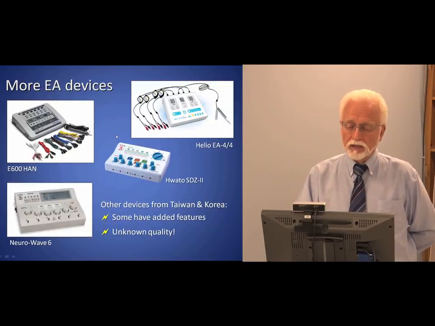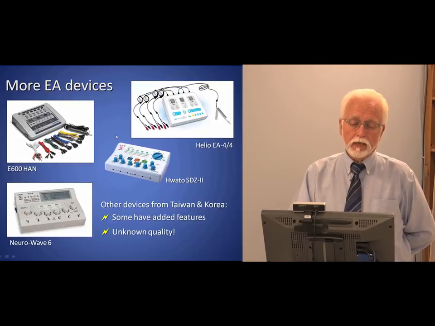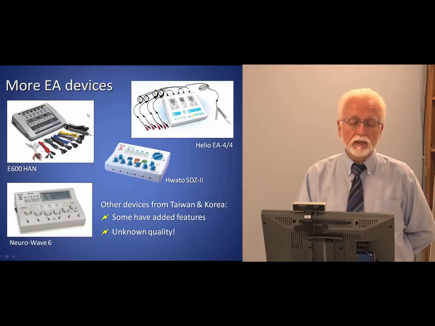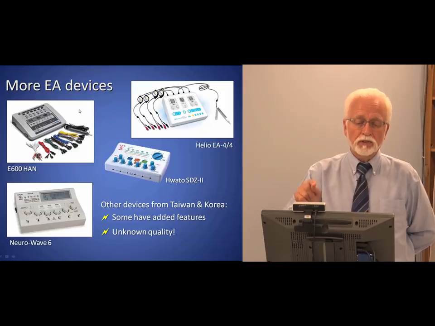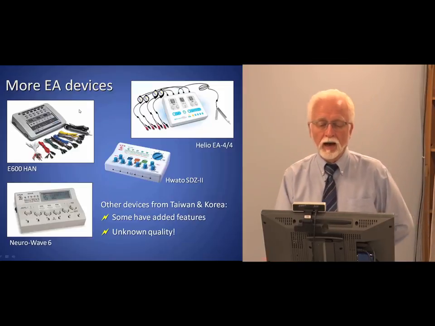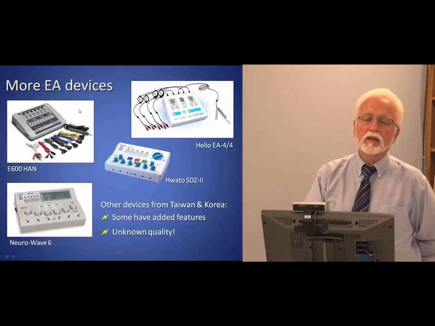And here's some more. These are from Taiwan and Korea. And the Han device from Korea may actually be quite a good device. I don't like the controls on it, and so I haven't recommended it for that reason. I don't like digital controls that you just push a button to increase intensity. I much prefer to have a little knob so I can feel my way up when I'm turning up intensity.